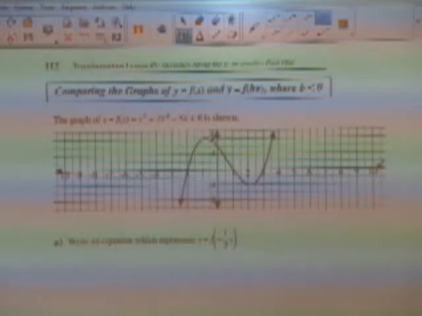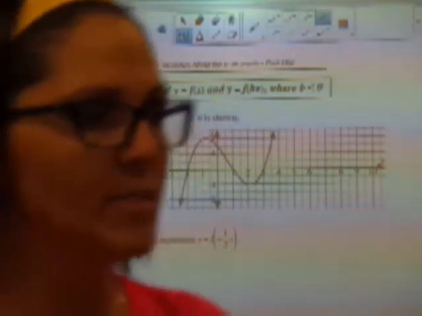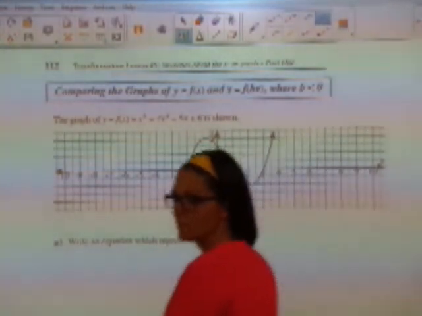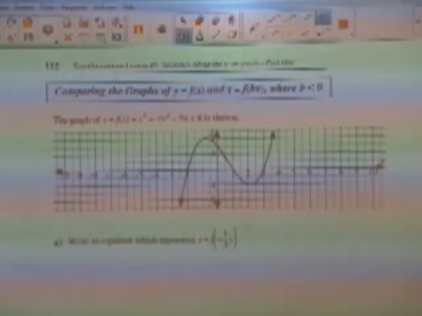So what do you think happens when we replace f of x with f of b times x and I make my b value less than 0? Reflection in the y-axis and the horizontal. So we're going to look for a reflection in the y-axis and we're going to look for a horizontal stretch.